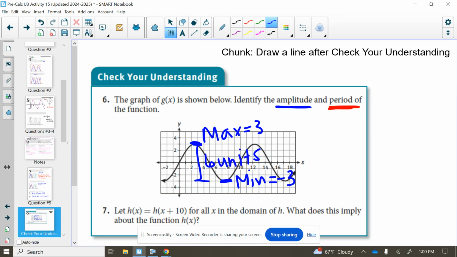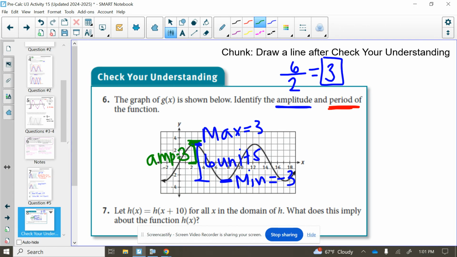Now, when it comes to the amplitude, you're going to take that distance and divide it by 2. So again, that distance between the max and the min divided by 2 would give us our amplitude, which is going to be 3 units. So you can also think of that as half that distance between the max and the min. That's your amplitude.